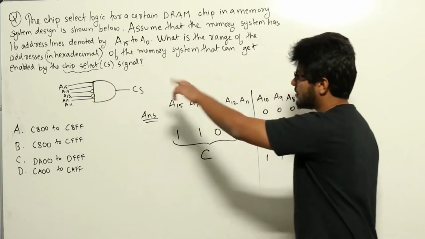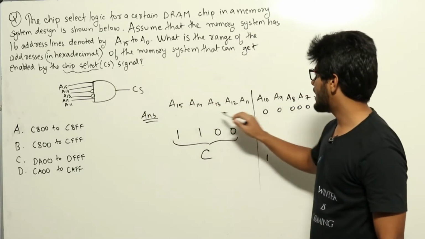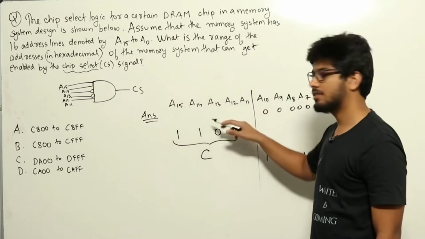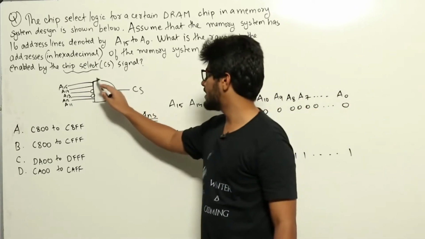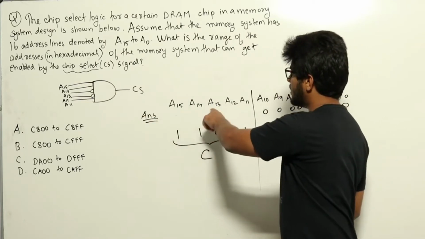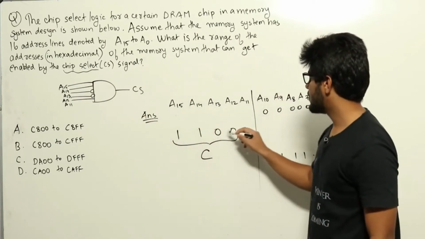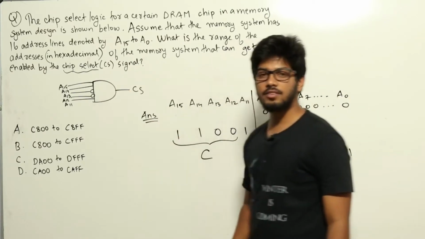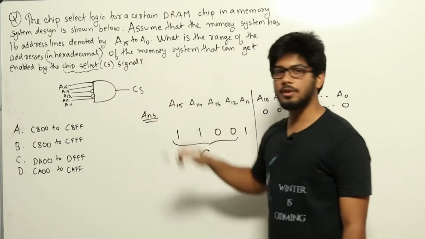They should be 0 because the complement of that is being given as the input to the AND gate. So when A15, 14, 13, 12, 11 takes the form 1, 1, 0, 0, 1, only in that case the AND gate will be enabled and the signal CS will be 1.